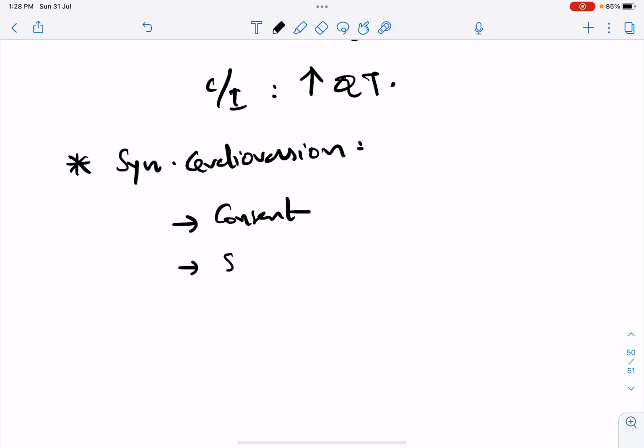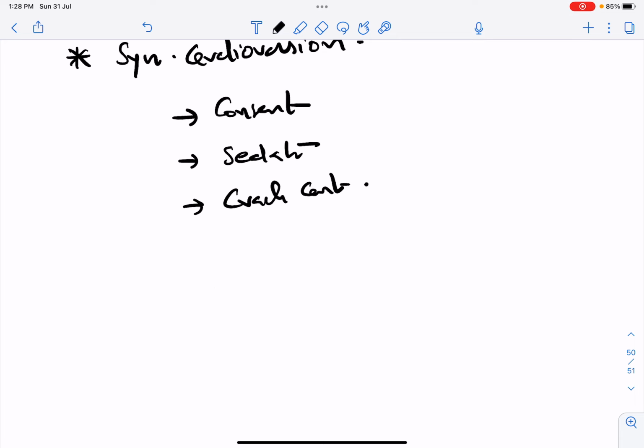You have to sedate the patient, and the crash cart should be ready. Okay, these three things are very important before giving synchronized cardioversion. Take consent, sedate the patient properly, and get ready with our crash cart. Okay, after taking these three, then we will proceed to synchronized cardioversion.